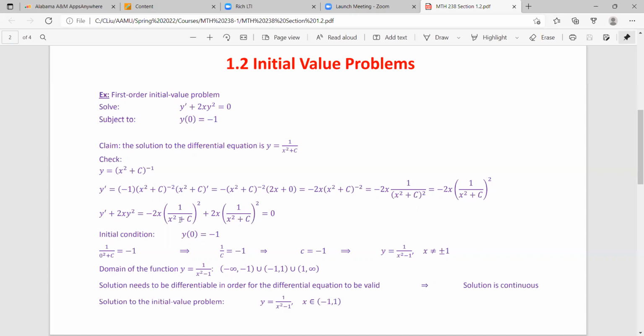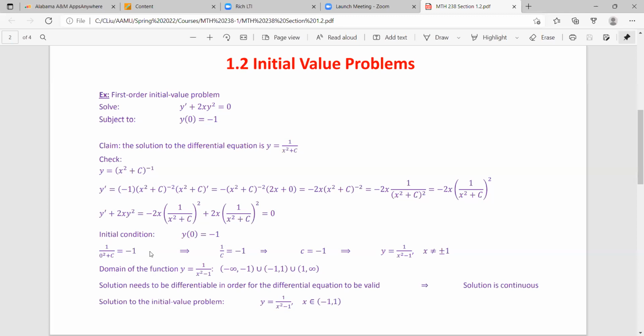So why don't we just use this initial condition to fix this arbitrary constant c. So y(0) equal to -1 means when x is 0, y equals -1. So what you do, you just plug in 0 for x in the function, and you should get -1.